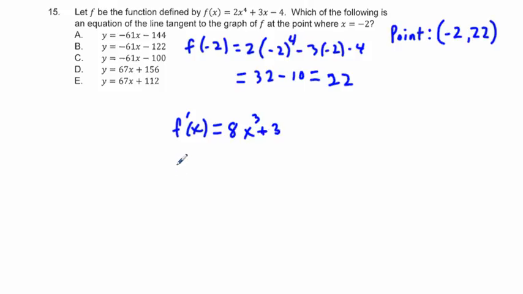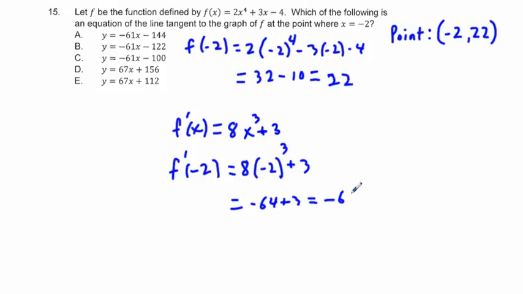If we plug in -2, f prime of -2 is 8 times -2 to the third power plus 3. Well, -2 to the third power is -8, so we have -64 plus 3, which equals -61. And so that's going to be m sub t, the slope for the tangent line.